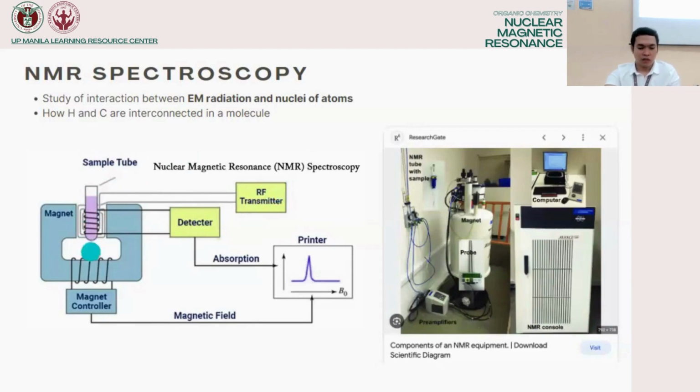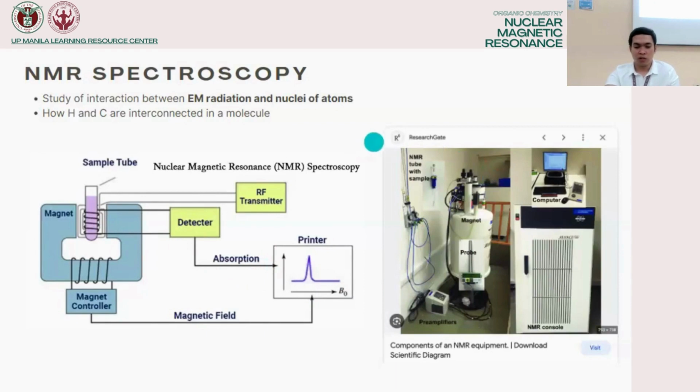Once it transmits, and you control the magnet, meaning how many Tesla your magnetic field strength is, the NMR detects all the absorption we discussed earlier. The magnetic field and the absorption are plotted on a printer, your magnetic field strength against your intensity. This intensity is the signal, the absorption absorbed by the molecule.